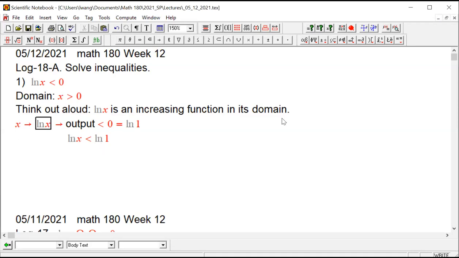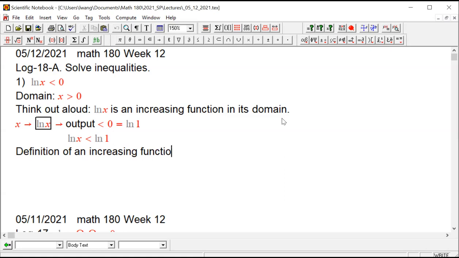I want to revisit the definition of an increasing function. I know this answer comes very quickly, but I do want to explain it thoroughly.